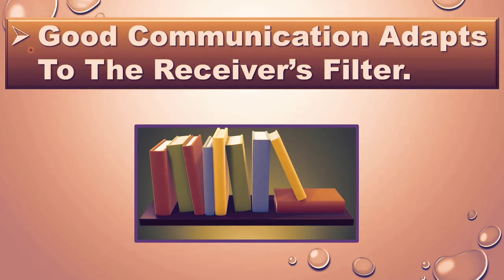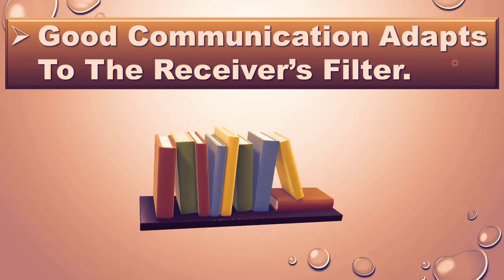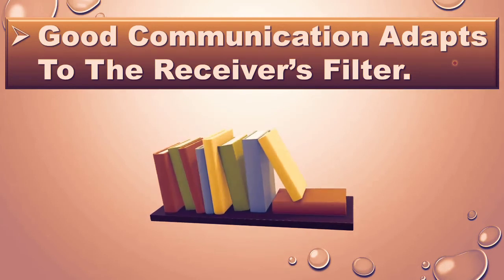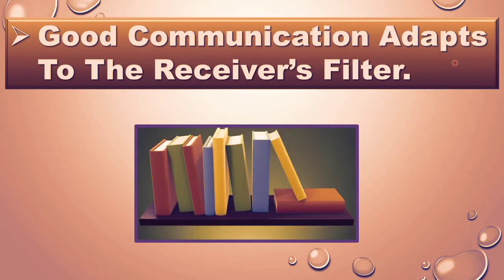Our next principle is that good communication adapts to the receiver's filter. That's why you must use symbols and concepts that have similar meaning in your filter and the filter with which you communicate.